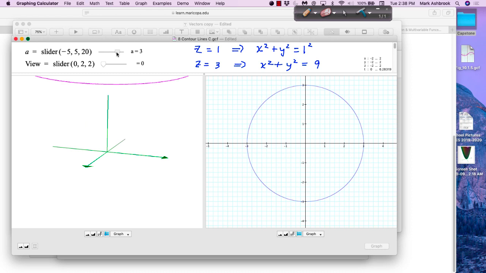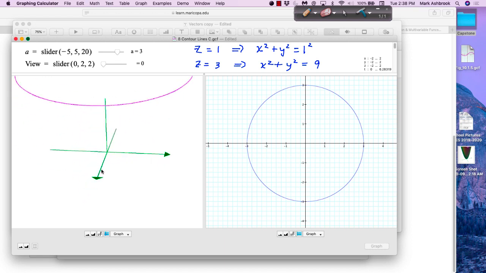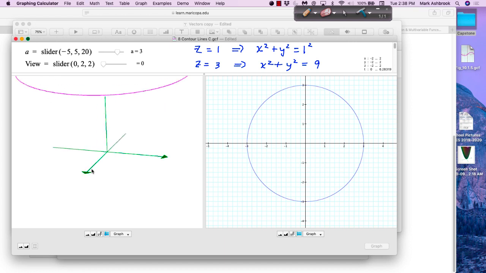Okay, z equals 3. X squared plus y squared equals 9. And so where does that live? That lives in the plane z equals 3. That circle of radius 3.